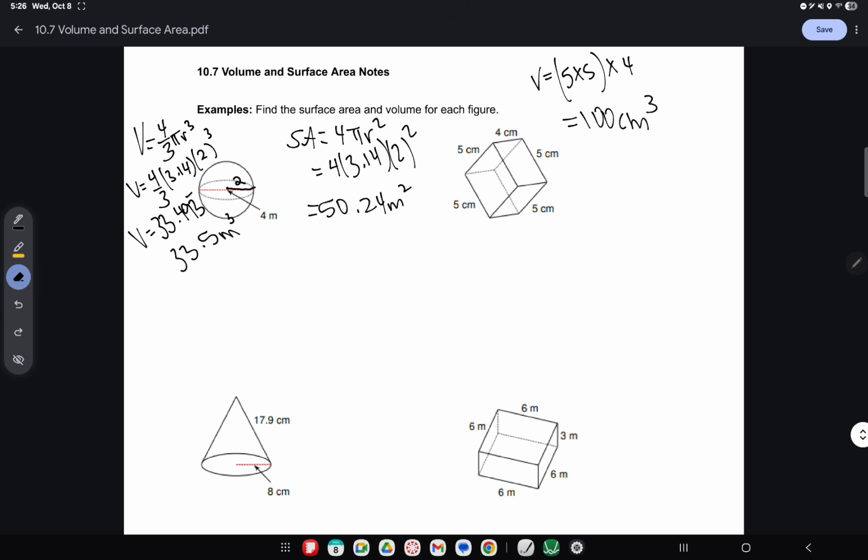And then the surface area is really just adding up all the surfaces. So 2 of the squares are 5 by 5. 2 times 5 times 5. And then I have 4 other ones, 1, 2, 3, 4, that are 4 by 5.